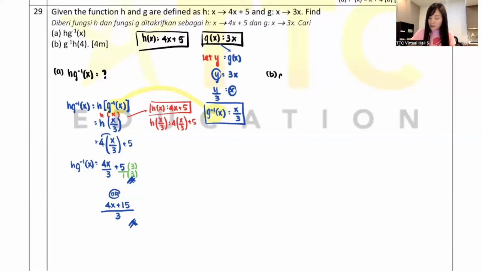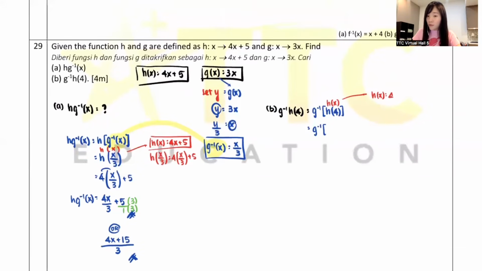B. Then find what? g inverse h4. I don't think it's a problem for any of you. Because for g inverse h4, again, your first step is to separate it. After separating, always do the inside first. So look carefully, inside is h4. h4's original name is hx, and the hx equation is 4x plus 5.